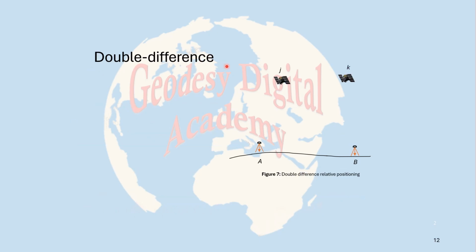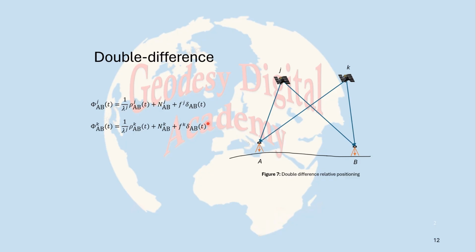In the other case, we call it double difference. In double difference, we write the equation between two satellites and two receivers. For example, between the first satellite, J, and two receivers, I can write a double difference equation, and with satellite K, I can write another double difference equation. On the right-hand side of both equations, the difference between the receiver clock errors is the same.